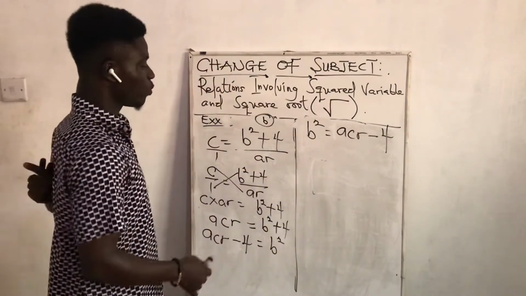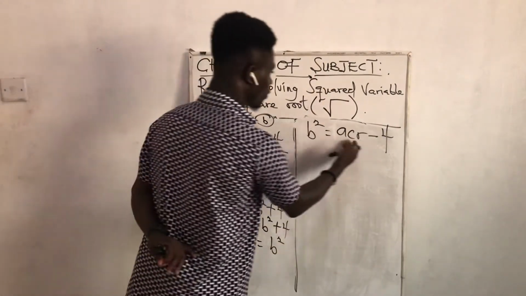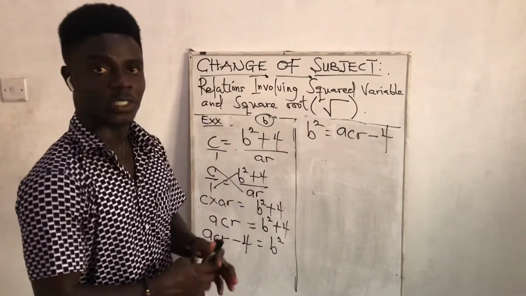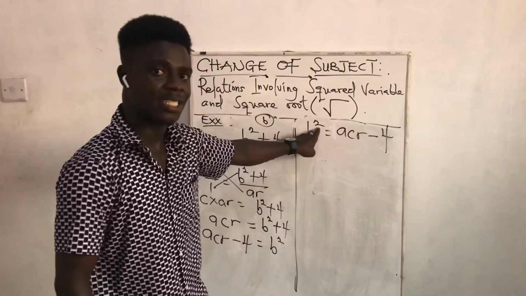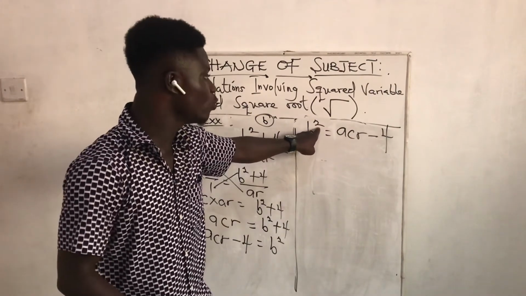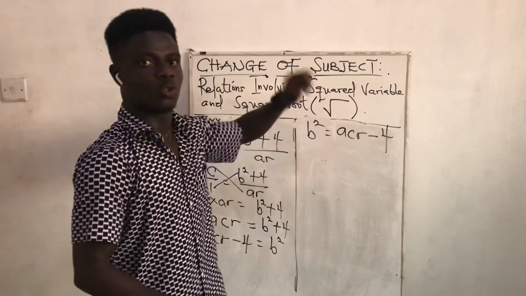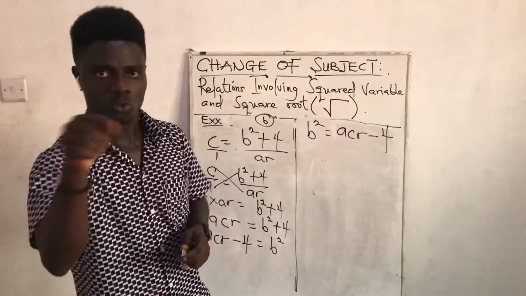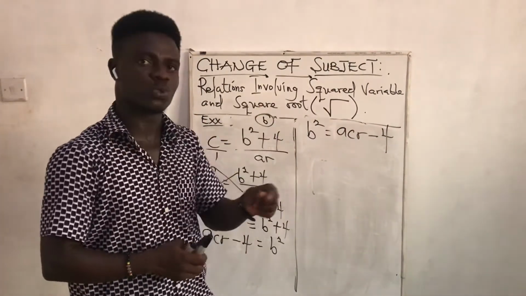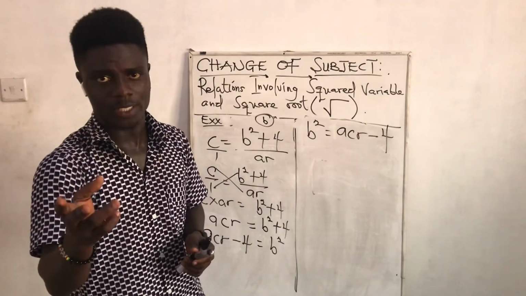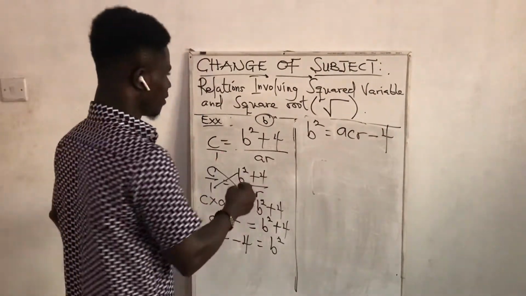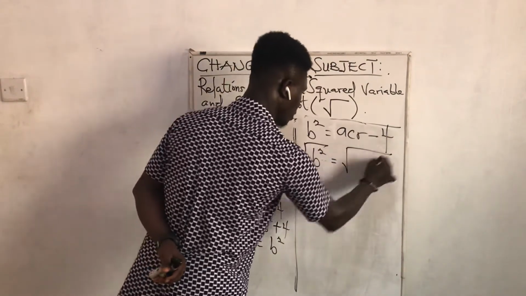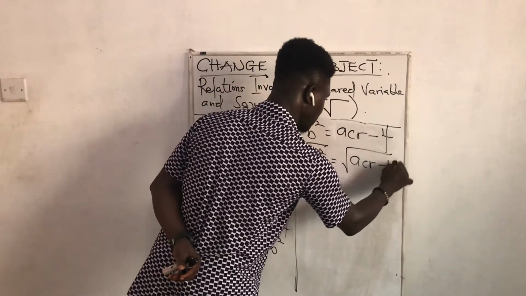So now we have b squared equals acr minus 4. We have to take the square root of both sides to cancel the square. I told you that when you see square, you introduce square root. When you see square root, you introduce square. When you see cube root, you introduce cube. Do you understand that? So don't forget: square root of b squared equals square root of acr minus 4.